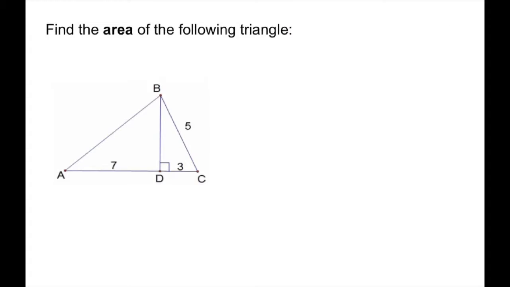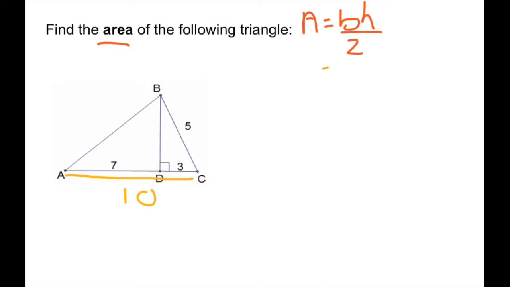For our last example, it's asking us to find the area of the following triangle, and we know the formula for area of a triangle is area equals base times height divided by 2. So we know that we need the base and the height of the triangle. My base, which is here, we already know 7 plus 3 is 10.